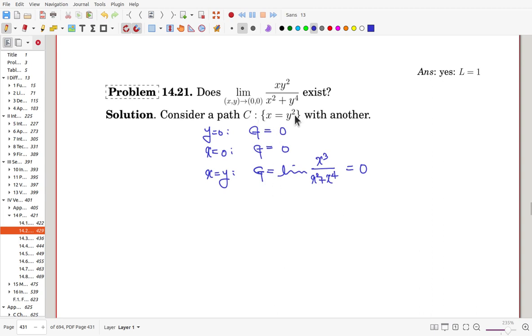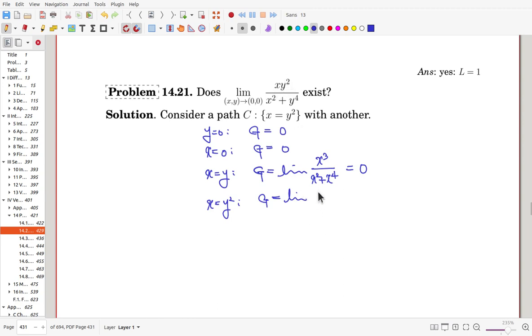So let's try to choose this curve: x equals y squared. When we choose this curve, it's not a straight line, and the given problem becomes the limit with x equal to y squared.